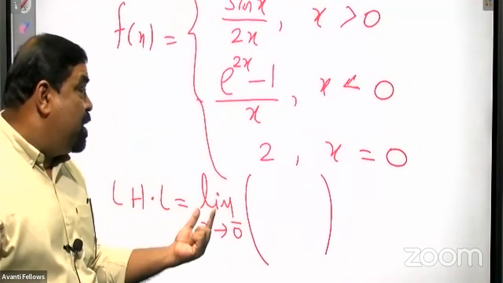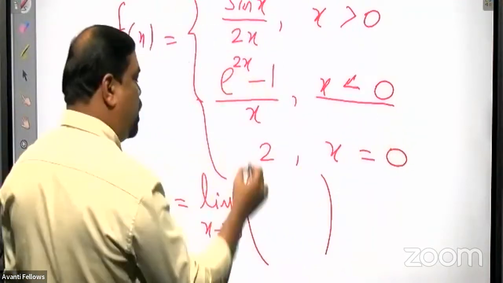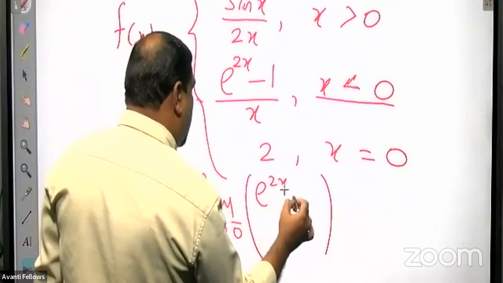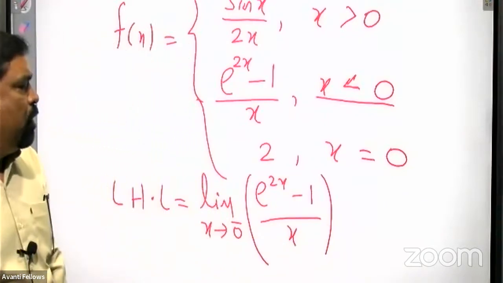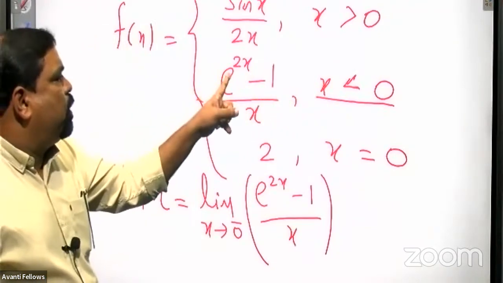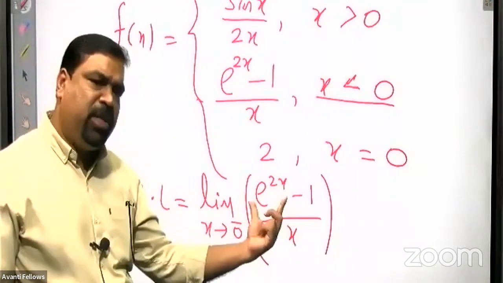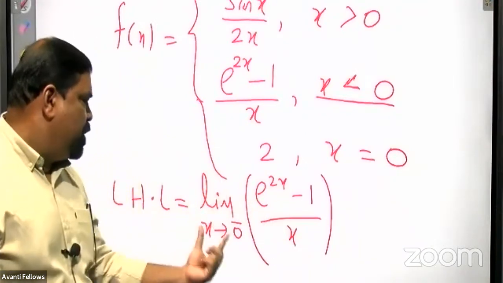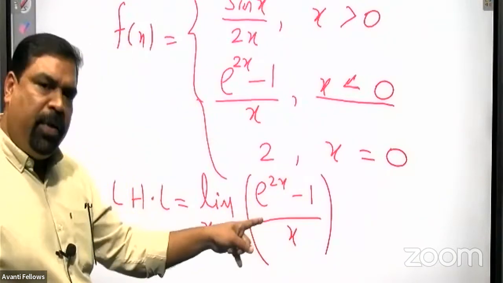For less than 0, the function is e power 2x minus 1 divided by x. So while choosing the function, we have to be careful. For LHL, we have to consider that function only. So limit as x tends to 0 of e power 2x minus 1 divided by x; this we need to evaluate.